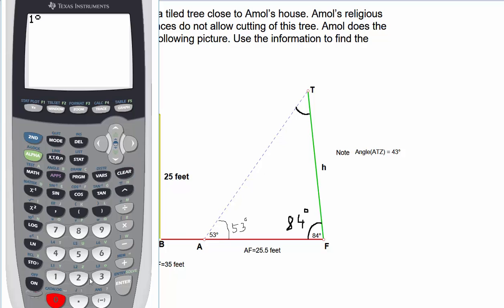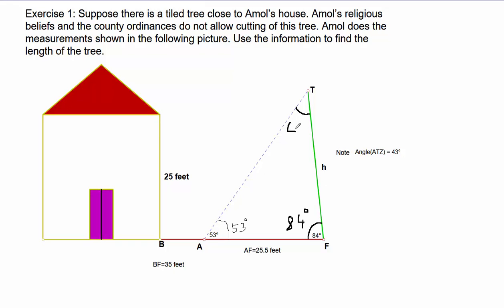So let's calculate that: 180 minus 53 minus 84. That is going to be 43 degrees, right? Now this distance is given to be 25.5 feet, and the angle opposite to it is 43 degrees. We have to find h, and the angle opposite to h is 53 degrees, right?